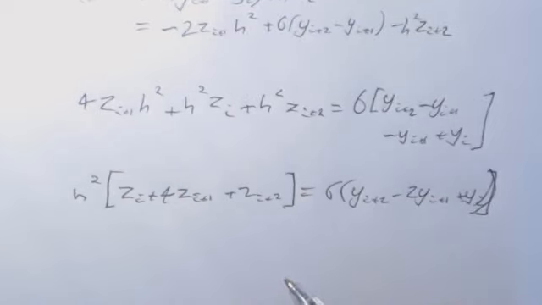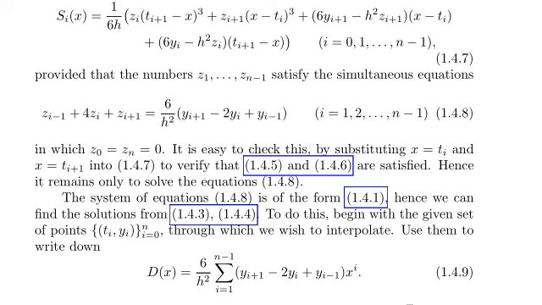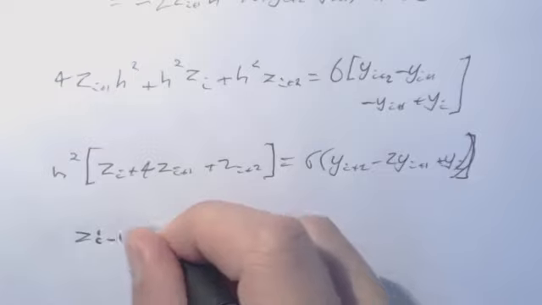Now, we were told that the z_i's satisfied the following recurrence relation, the following equations.